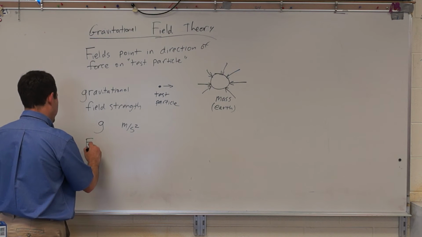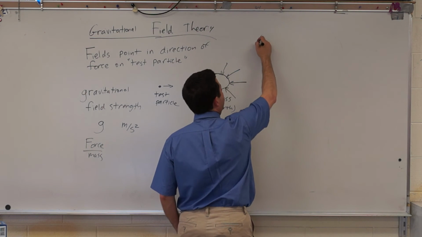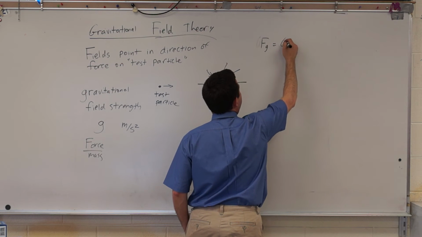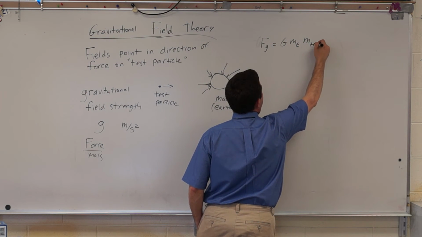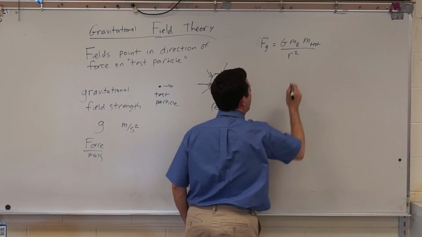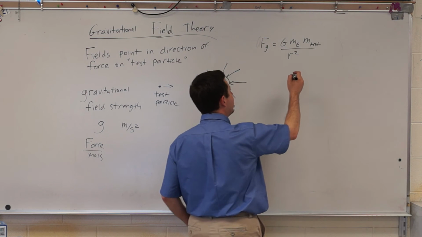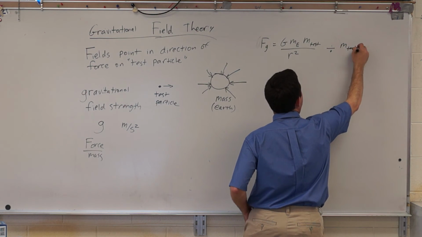It's going to be a force divided by a mass. So if this was your force, it is G, mass of the Earth, mass of the test particle, divided by r squared, the distance between them, you just divide this by the mass of the test particle.